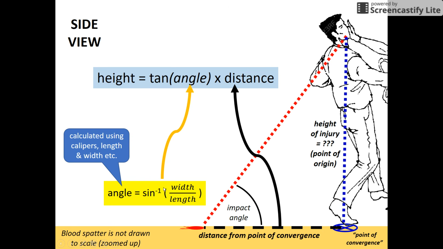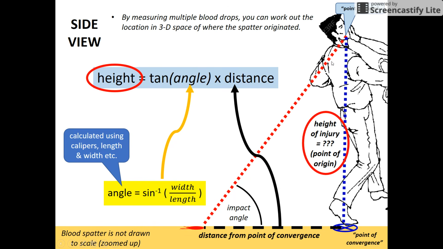So in this new formula, this angle, you figure it out by using the calipers, measuring the blood drop, figuring out the angle of impact. This distance, you figure out by finding the point of convergence, measuring the distance from the blood drop to the point of convergence. That will give us the height. That will give us the point of origin. That will tell us where in space the injury happened, and we call that, again, the point of origin.